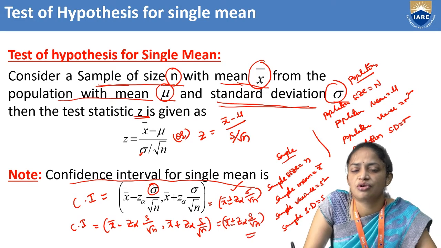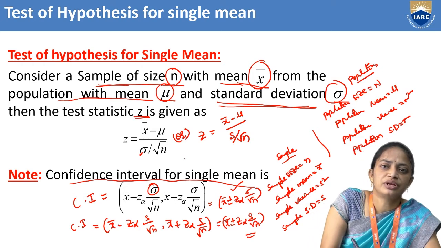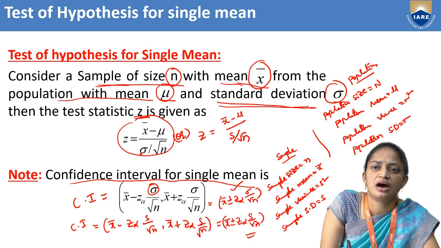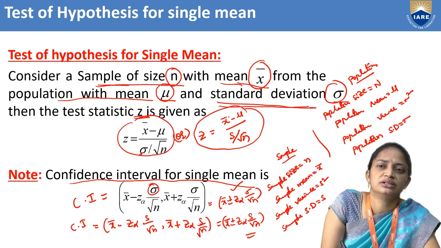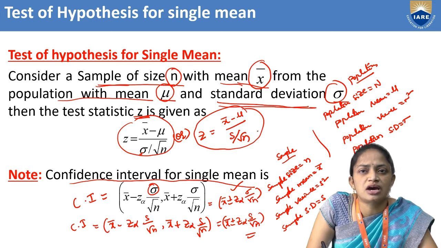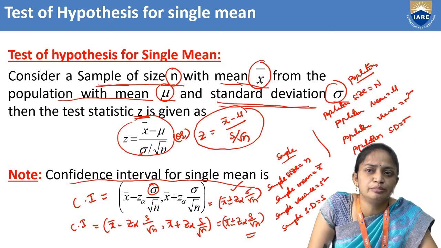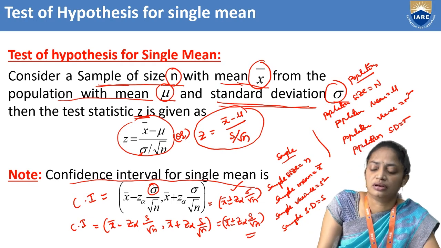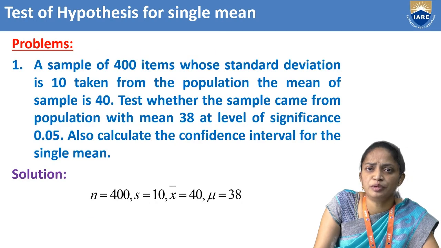This is the confidence interval for single mean. The formula for test of hypothesis for single mean is z equal to x bar minus mu by sigma by root n, or z equal to x bar minus mu by s by root n. Here we choose only a single sample from the population.